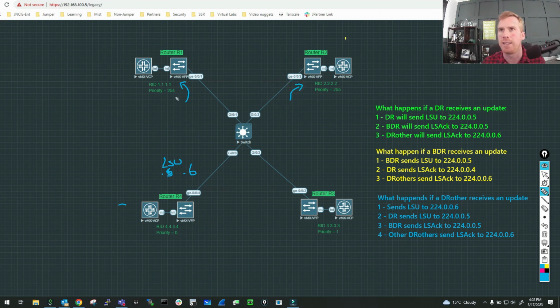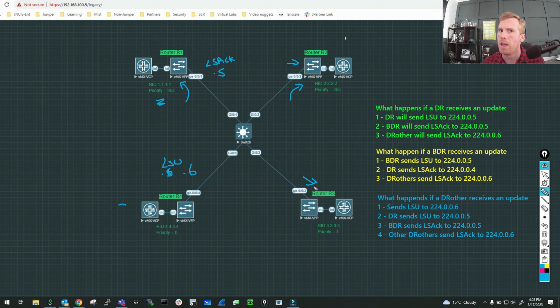Now when that designated router receives that update, it is going to send its link state acknowledgement to the all OSPF routers multicast IP address 224.0.0.5, and that's going to go to the backup designated router, and it's also going to go down to the other non-designated and non-backup designated routers, i.e. the DR others. So even though R4 has got this topology change and this update, and it's sent it up to the designated router and to the BDR, router R3, the other druther, still gets that update.